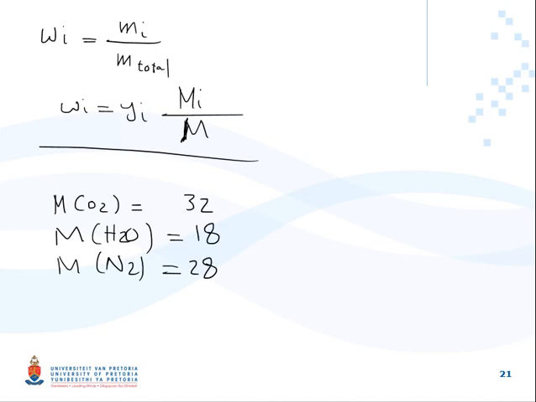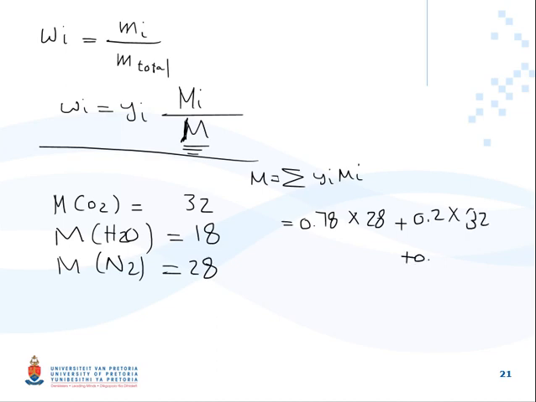Okay, so first we need to find the total mass. The total mass is equal to the sum of yi Mi, so it will be 0.78 multiplied by 28 plus 0.2 multiplied by 32 plus 0.02 multiplied by 18, which is 28.6 kilogram per kilomole.